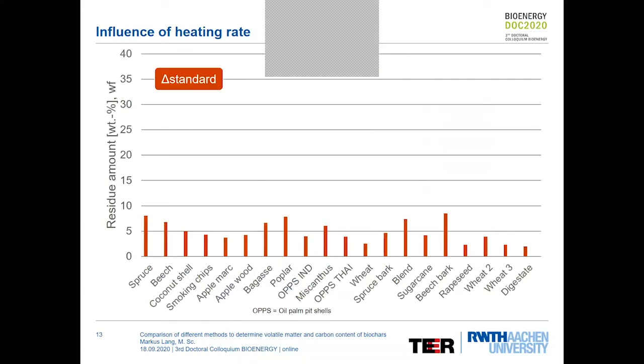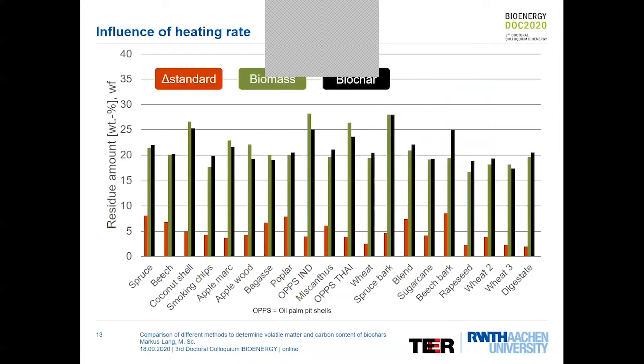If you remember the slide at the beginning of my presentation, there I showed you the difference of biomass and biochar fixed carbon content, around 5%. And now we did the same investigation of biomass and biochar when we put the sample in the cold oven and heated up from ambient temperature to 900 degrees, and did the same for biomass and biochar.